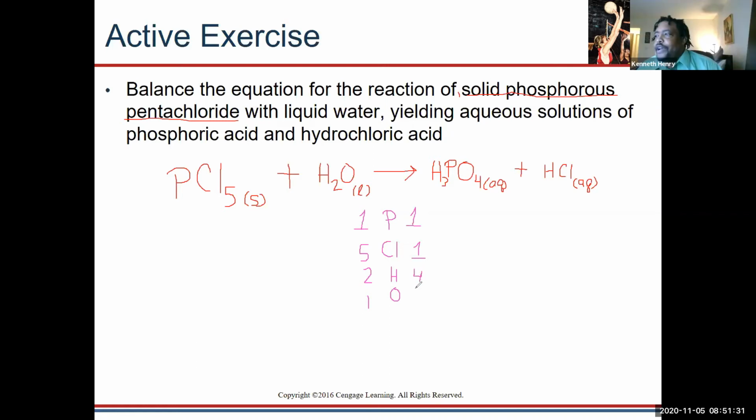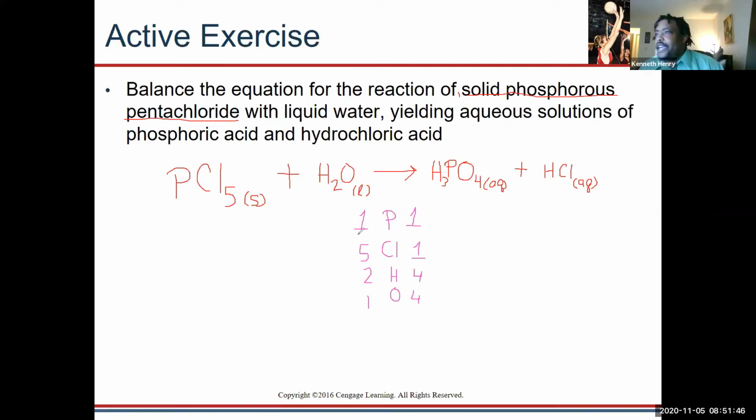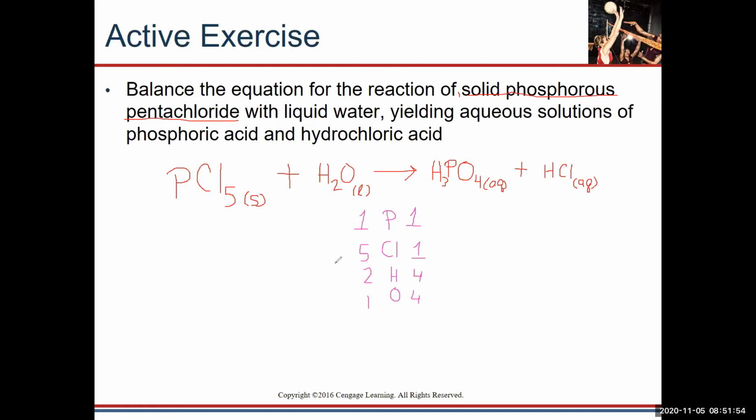How many oxygens do I have? 4. Good job, by the way, Jacqueline. Sorry. Okay, so is it balanced? Erica, is it balanced? No. So what do we need to do to balance it?